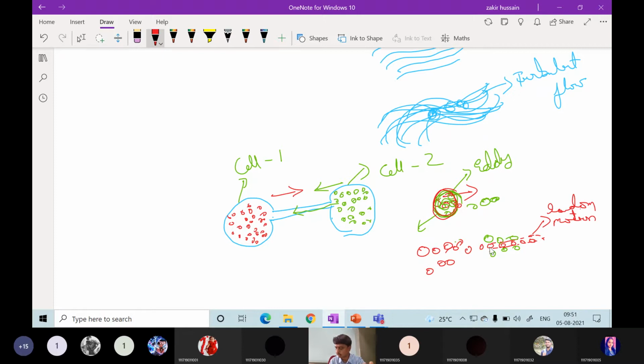They are not moving combinedly; they move individually, independent of each other. That type of flow is called eddy diffusion, eddy flow, or eddy currents. One molecule moves like this, and similarly in this case also. So it is called eddies when they move in packet form, and when they move in normal form, that motion is called random motion.